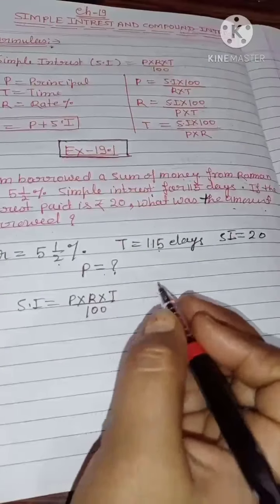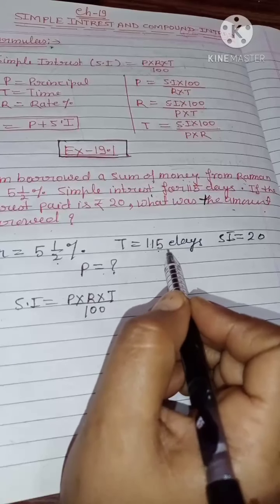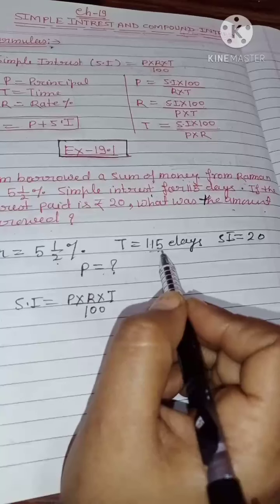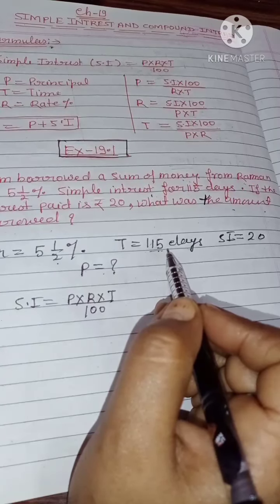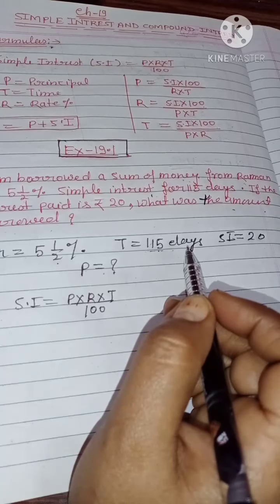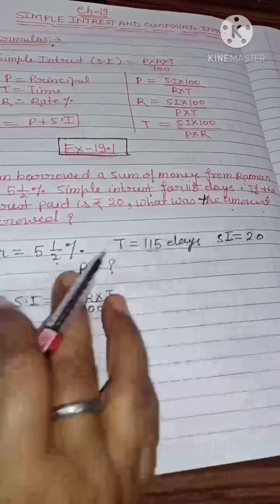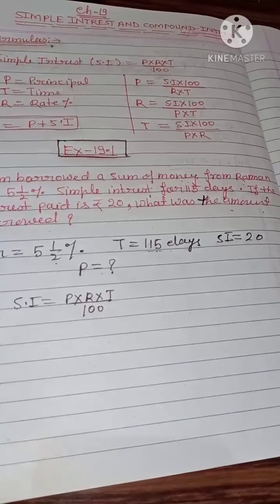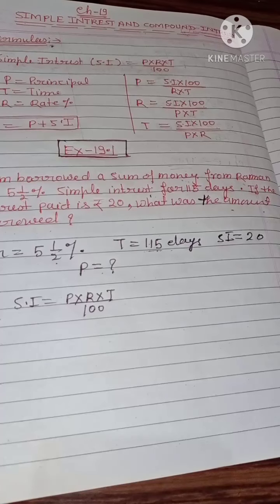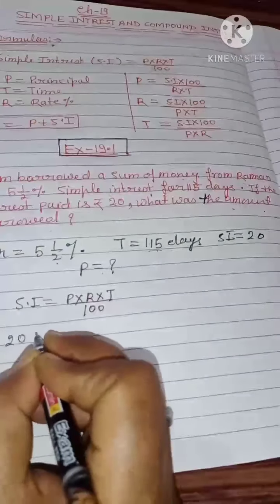But time should always be in years. Whatever time is given to you, it should always be in years. So if days are given, what will you divide by to convert into years? You will divide it by 365. One thing I forgot to write, I am going to give you that in the form of a note, so you can see how to change it. If it is given in months, then for converting it into years you will divide the months by 12. And if it is given in weeks, then it will be divided by 52, because in 1 year there will be 52 weeks.